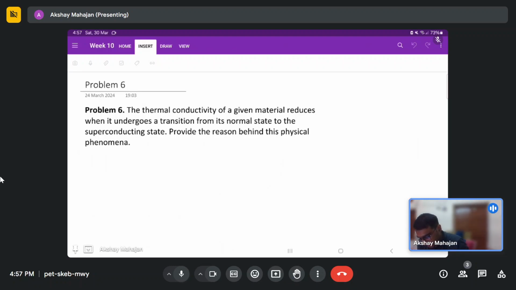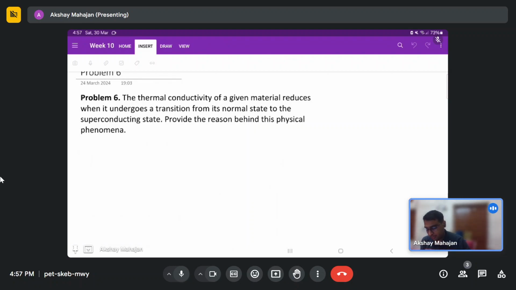In problem number 6, what we have is the thermal conductivity of a given material reduces when it undergoes a transition from its normal state to the superconductive state.